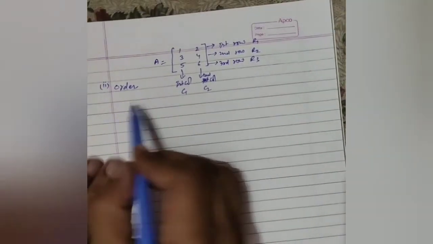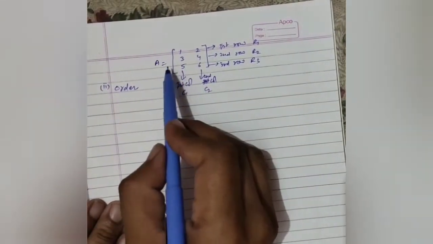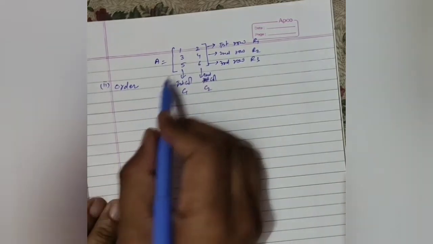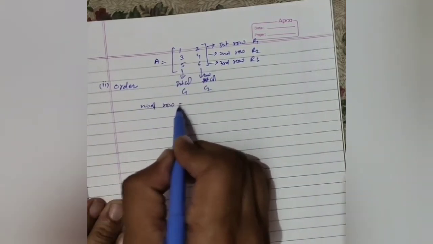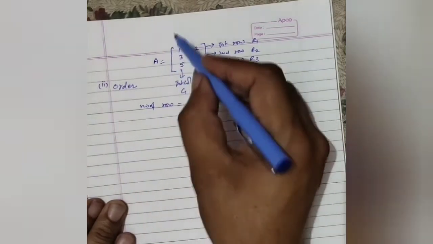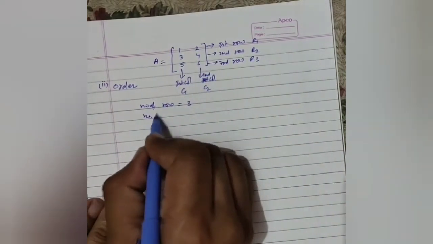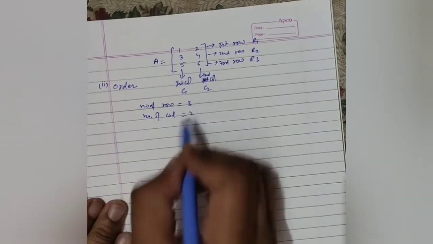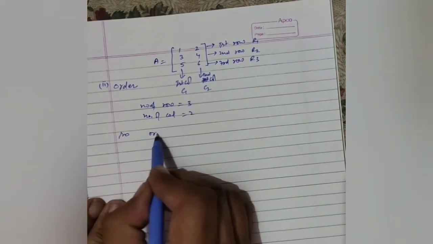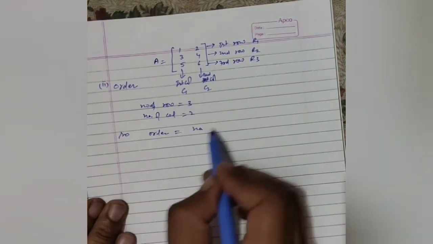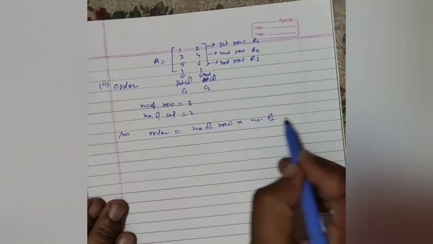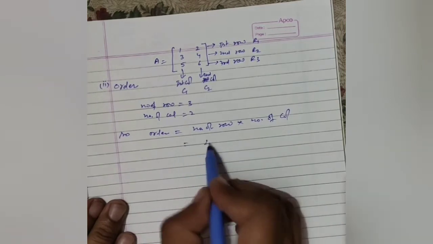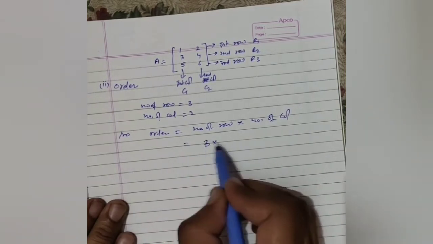The second is order. In this matrix, the number of rows is 3 and the number of columns is 2. So the order of a matrix is equal to the number of rows into the number of columns.